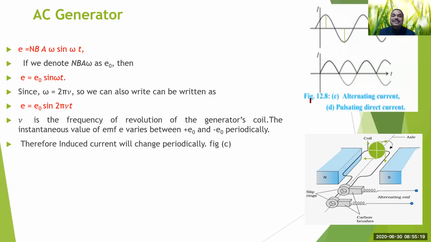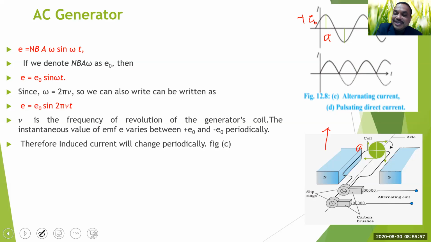So see figure C. Here the induced EMF varies sinusoidally. How this happens, let's see. When the coil is at position A, in this figure below, the coil moves in an upward direction. So at point A, the EMF is maximum, and that will be plus E0, because sine omega t becomes plus 1.